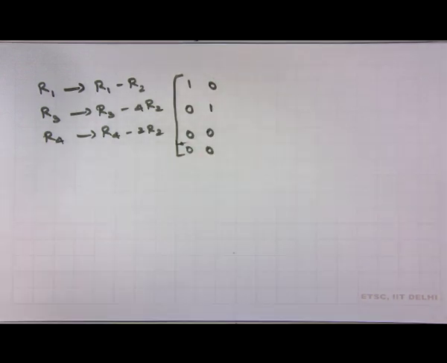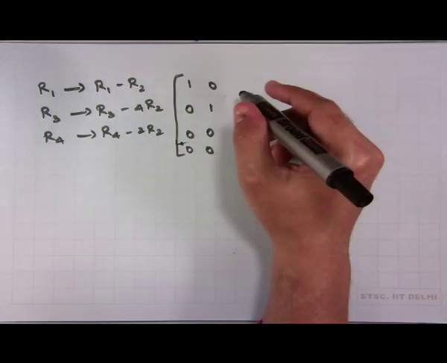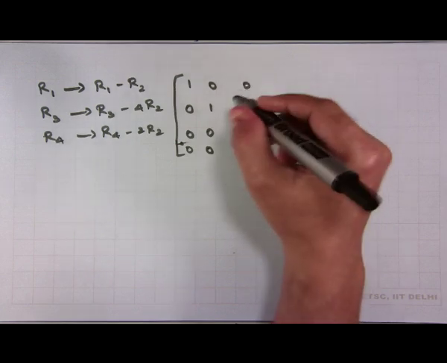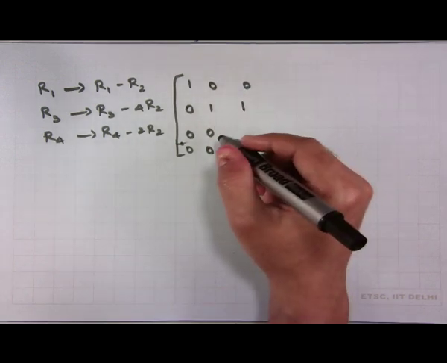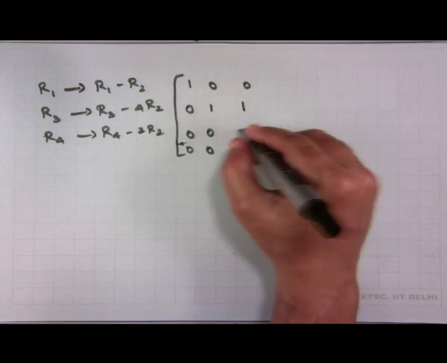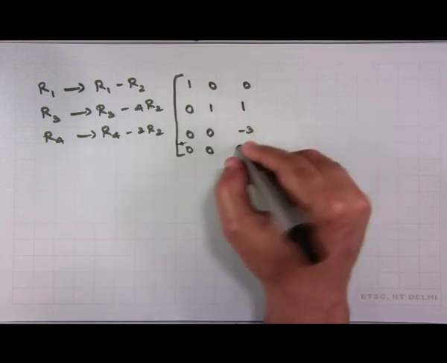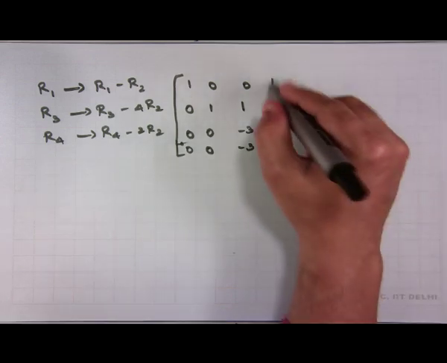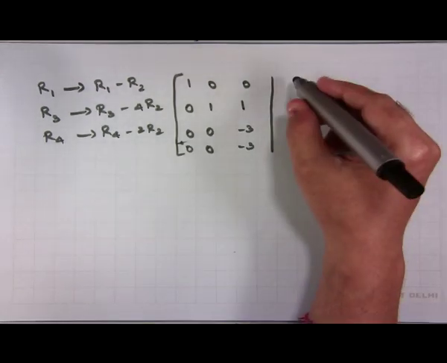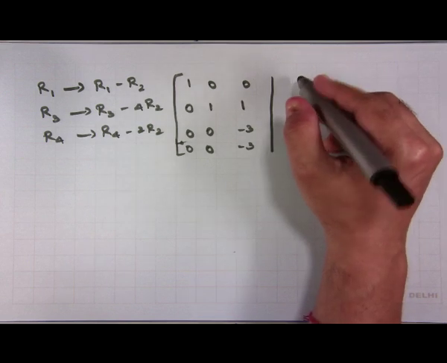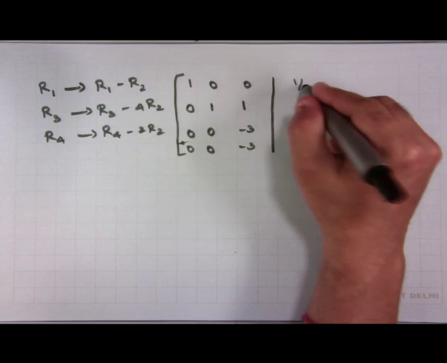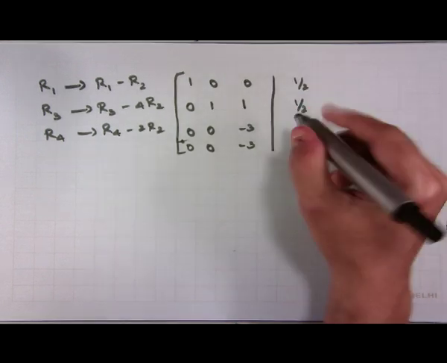Now, let us do the other one. R1 minus R2, you have 0 1. R3 minus 4 times R2, which means 1 minus 4 you will have minus 3, minus 1 minus 2 times R2, which will just give me minus 3. Again R1 minus R2, 1 minus half, which will give me half, second row is just half.